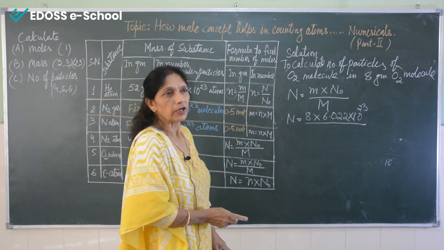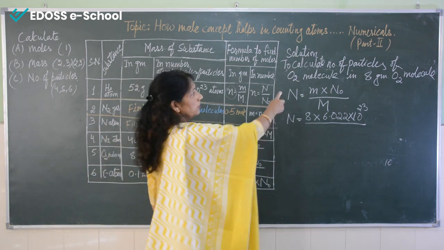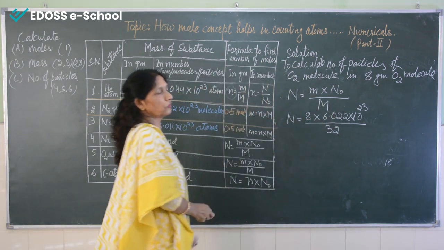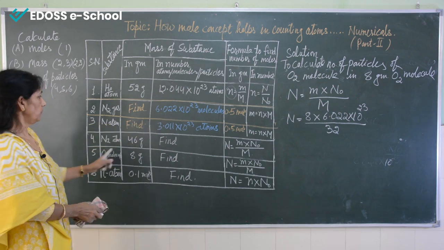Oxygen atomic mass is 16 and its molecular mass will be 32. So divided by 32. So this will be the answer of this question.